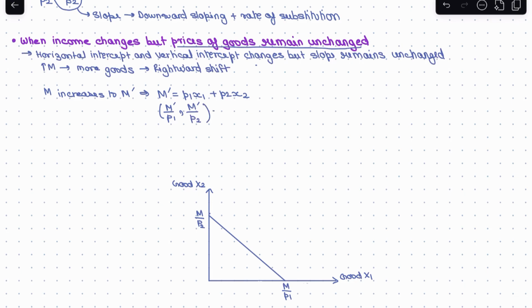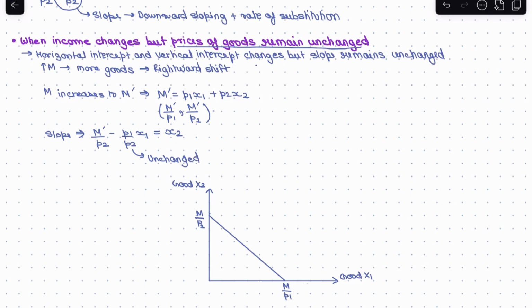We've used the same methodology as before for finding these intercepts. The slope similarly would be m dash by p2 minus p1 by p2 into x1, which should be equal to x2. So the slope here, which would be minus p1 by p2, has remained unchanged.